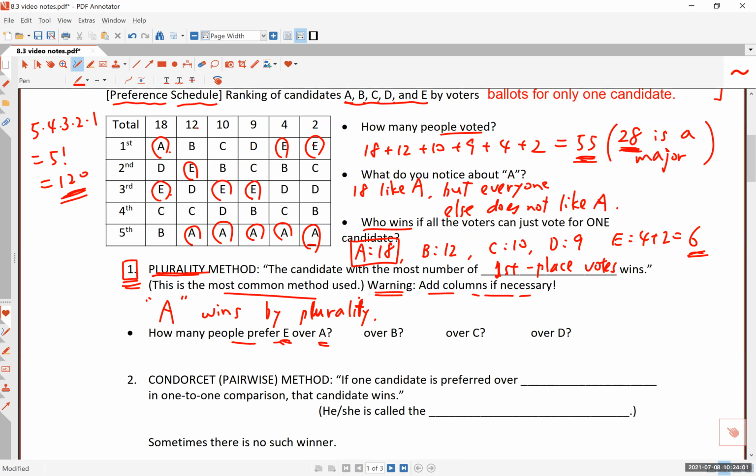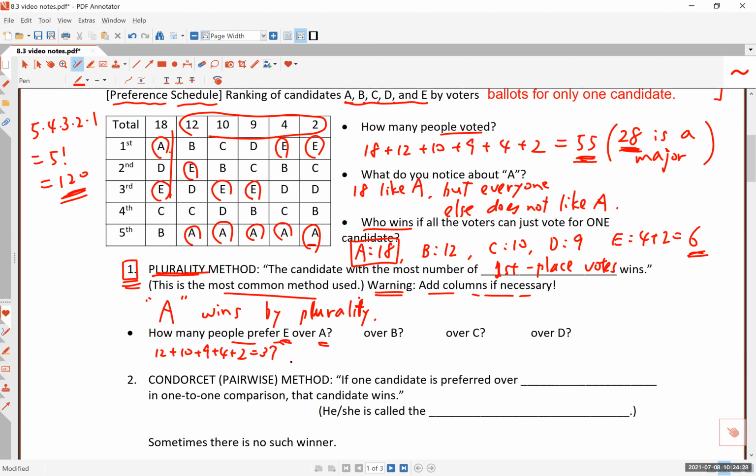So in all columns except the first column, everybody else seems to prefer E over A. So 18 people would prefer A over E, but everybody else, that's 12 plus 10 plus 9 plus 4 plus 2, okay, that's 37 people. 37 people prefer E over A.